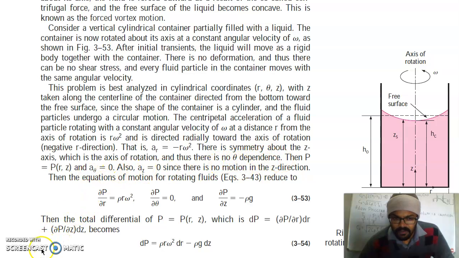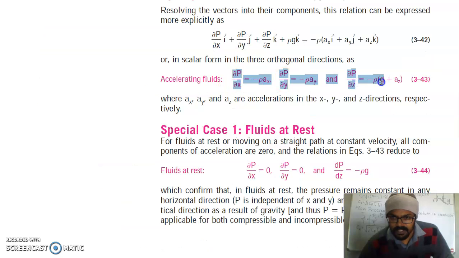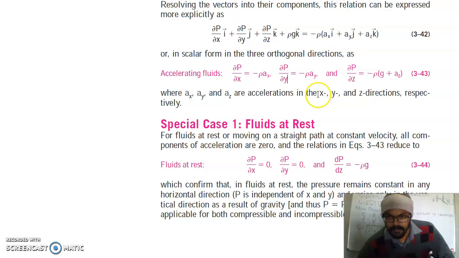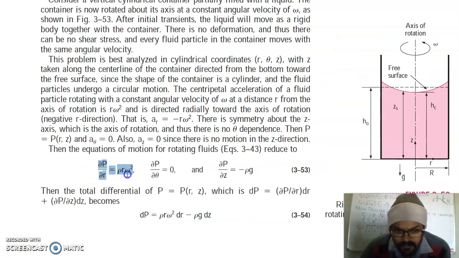So you can take this equation and replace x, y and z by r, theta, z. The equation will convert to this: the pressure variation with respect to the radial direction, that we have discussed, is rho r omega square. In the radial direction, this is your acceleration, which is r omega square.